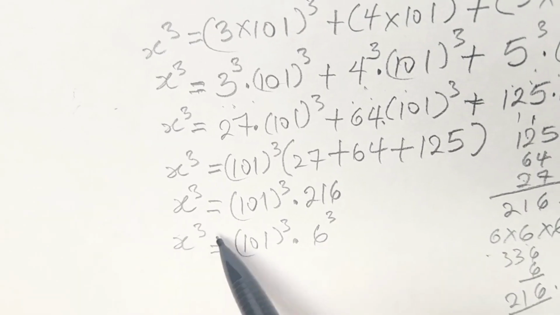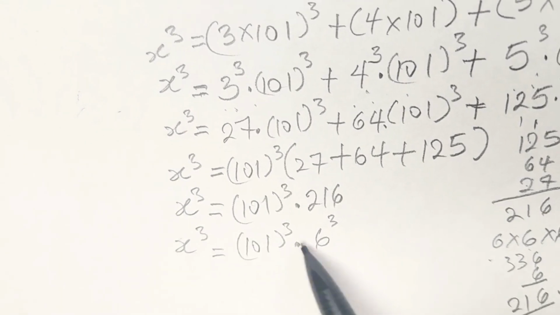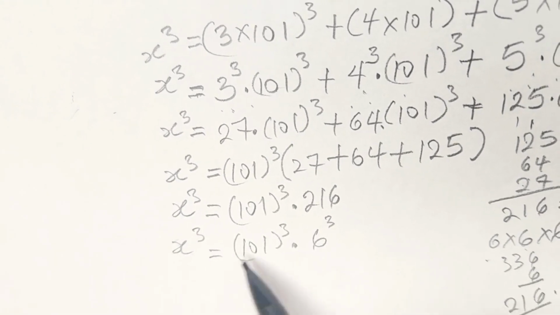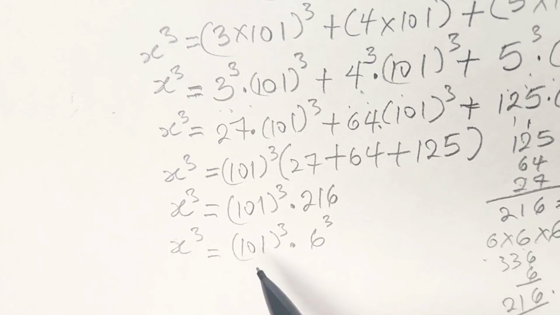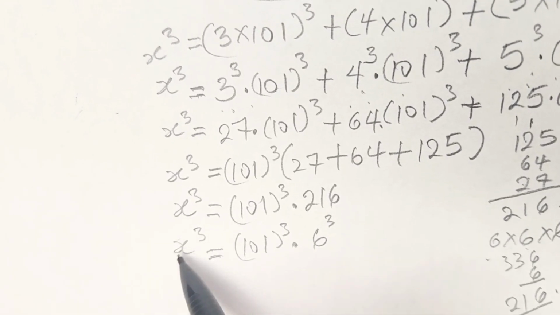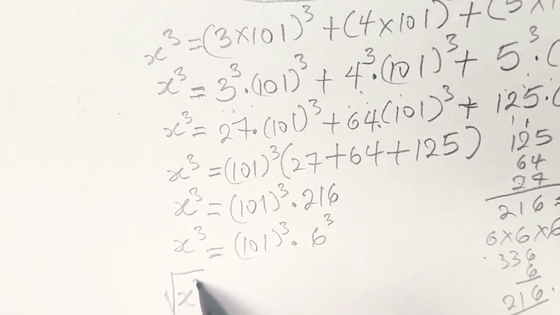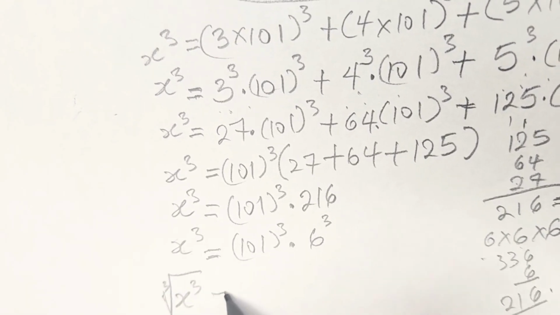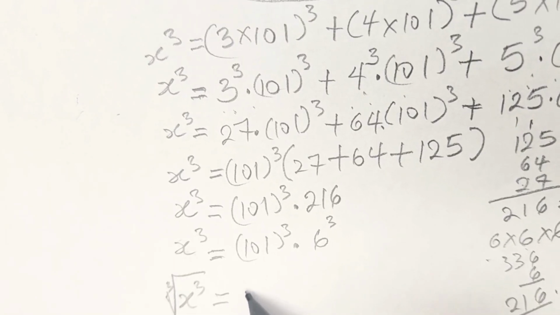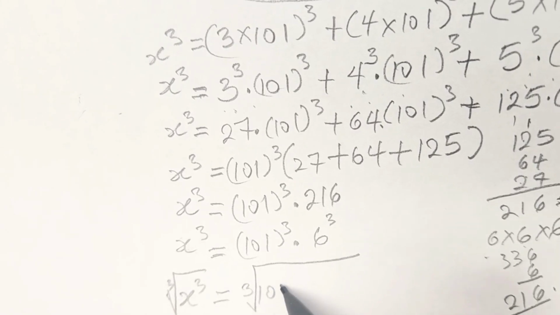So now to find x, we need to find the cube root across both sides of the equal sign. So this becomes the cube root of this equals, we take the cube root of this.